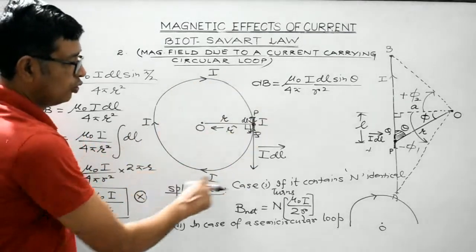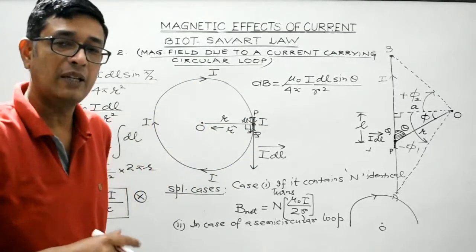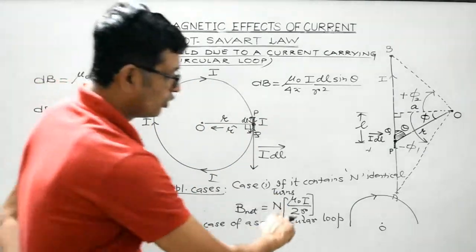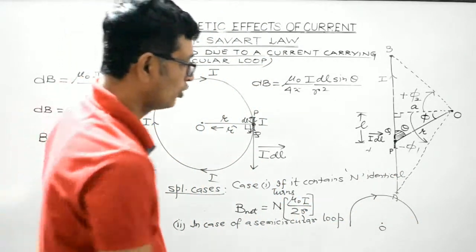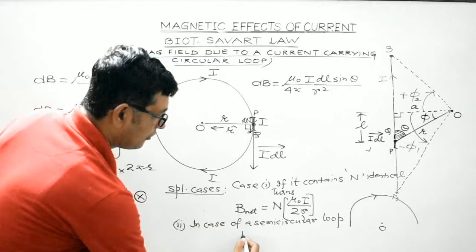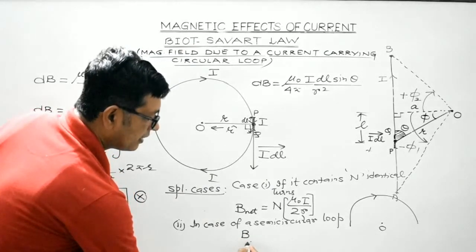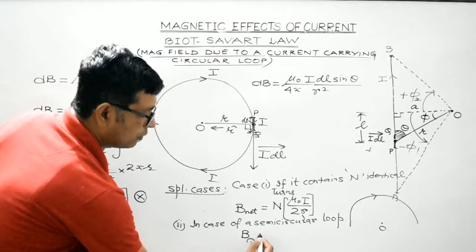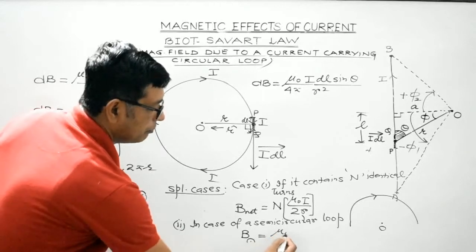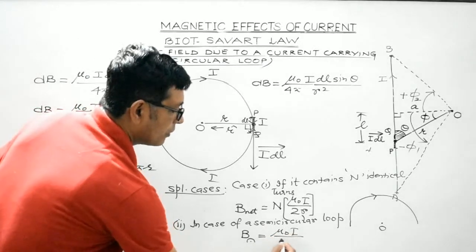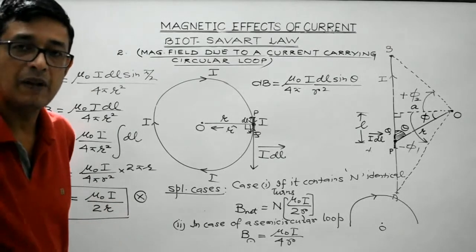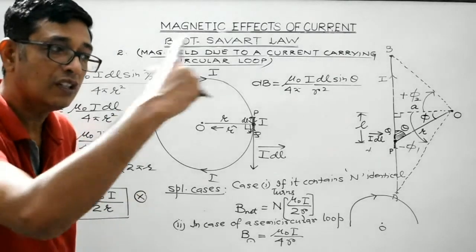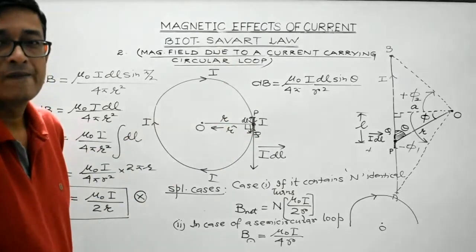Due to the circular loop, the magnetic field at the center is mu naught I by 2r. Therefore, due to the semicircular loop, the magnetic field will become half. So in this case, the magnetic field at the center of a semicircular loop would be given by mu naught I divided by 4r, which is equal to half the magnetic field at the center due to a circular loop.